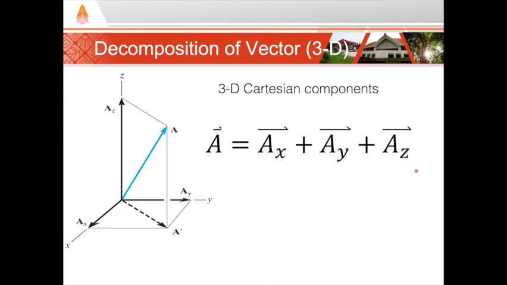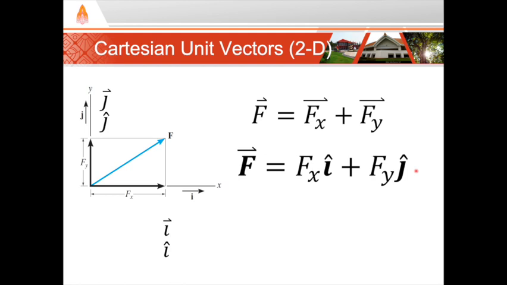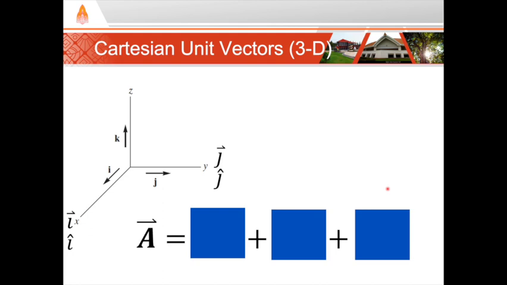It's convenient for us to express this using unit vectors. If you remember last class, we defined the forces Fx and Fy using the unit vectors i hat and j hat. Well, we will add a third unit vector so that we can describe our vector in 3 dimensions.